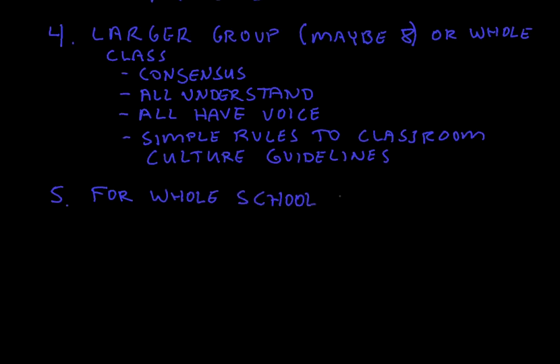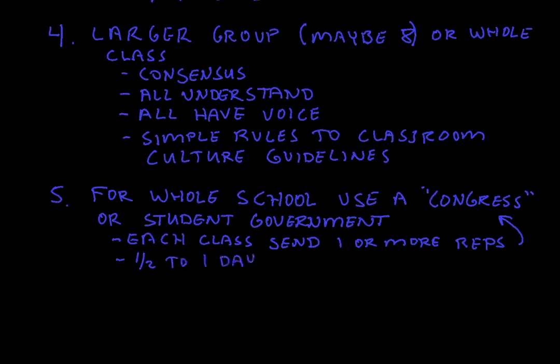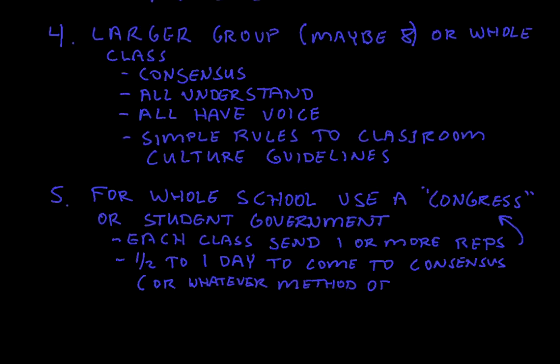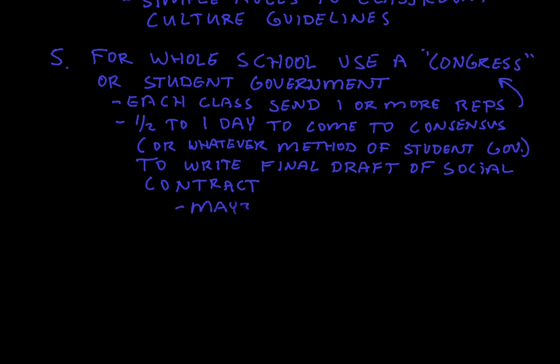And then the next step, this is how I've seen it work as a school, then you do a congress. And each classroom sends out representatives, and they spend probably an afternoon or morning, but at least half a day, and they create a new social contract for the school, a list of usually 3 to 6 statements that everybody will agree to.